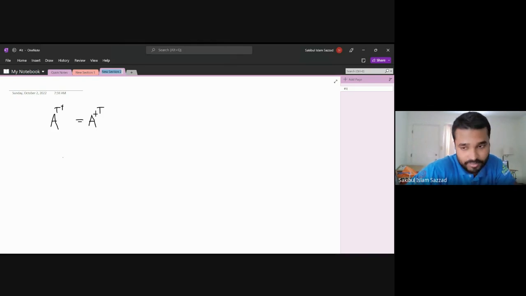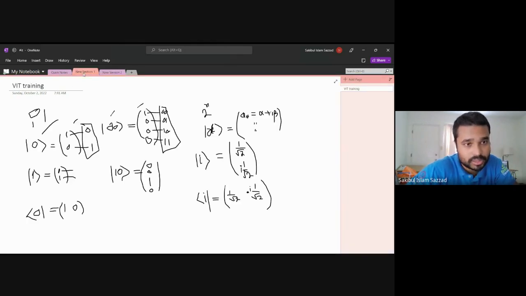Okay, so like I said, this is the bra notation of 0. And if I want to make a bra notation for 1, what should it be?